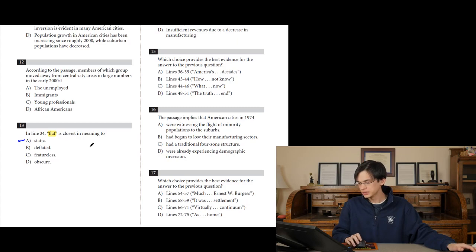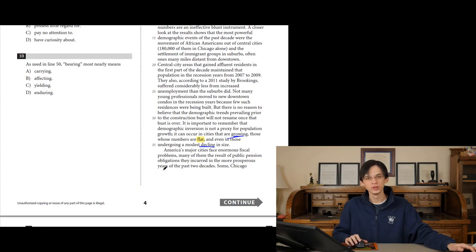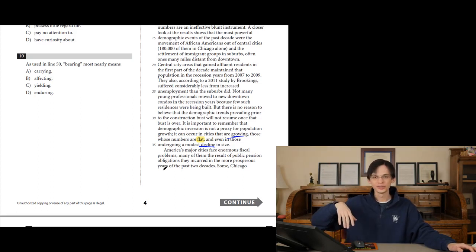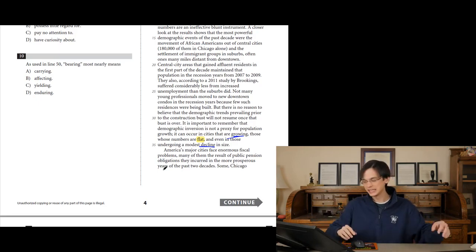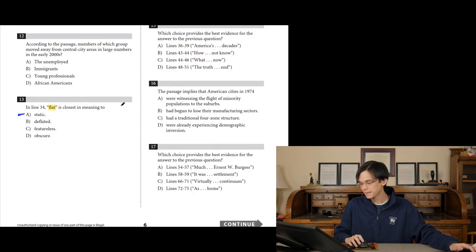What about B, deflated? Deflated means you deflate a balloon, right? Or like some of those Christmas decorations on people's front yards when the engine goes off, it deflates, it loses all of its steam. A hot air balloon deflates. Whose numbers are deflated? No, deflated means it's like someone poked it.